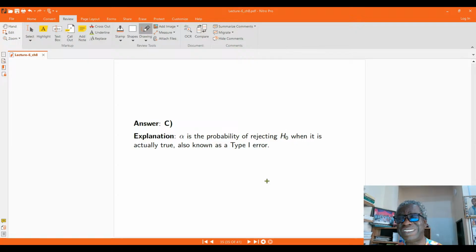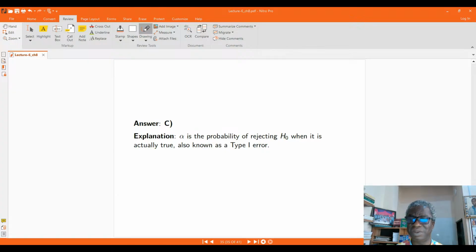You always want that alpha to be as small as possible, because you don't want to reject your null when it is actually true. So you want the likelihood of rejecting it to be so small. That's why the highest commonly chosen is 0.1, which translates to 90% confidence.